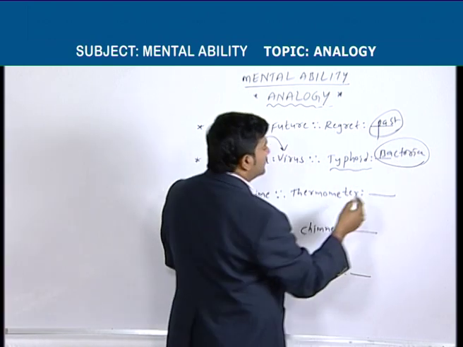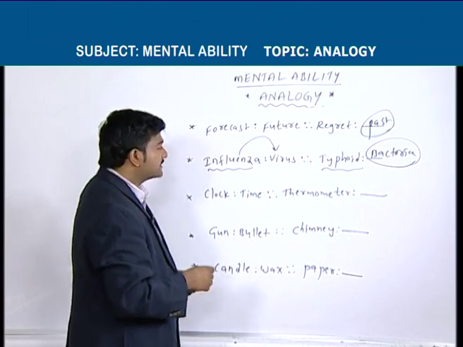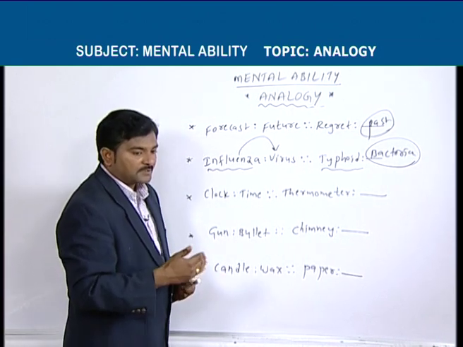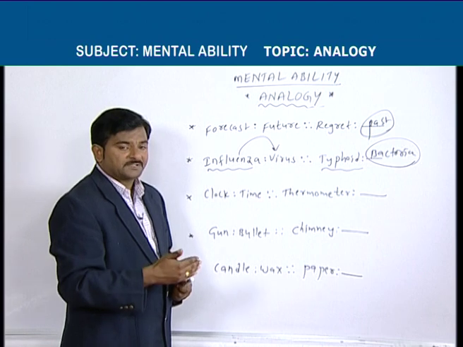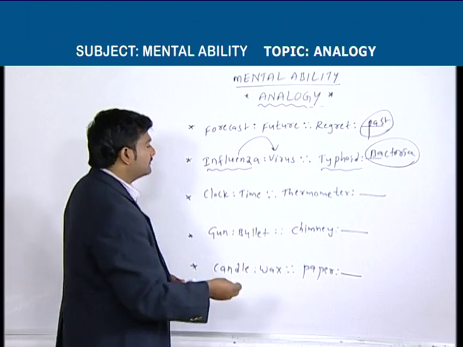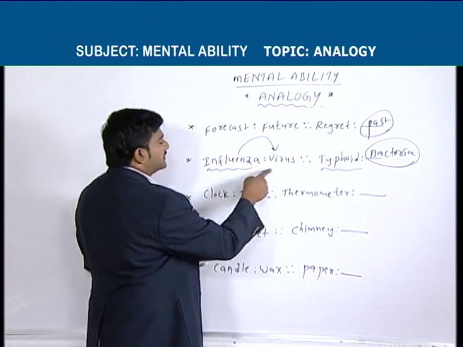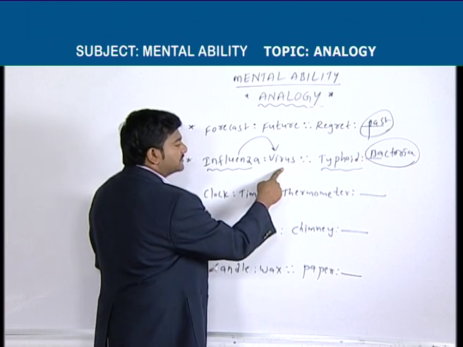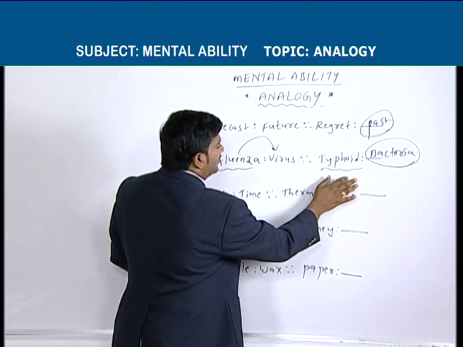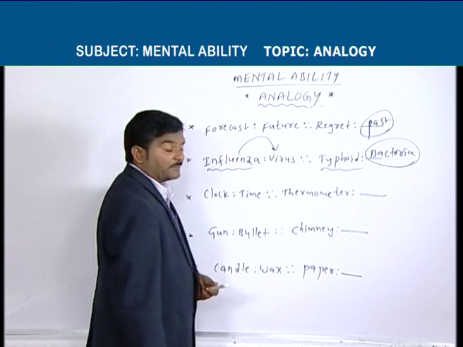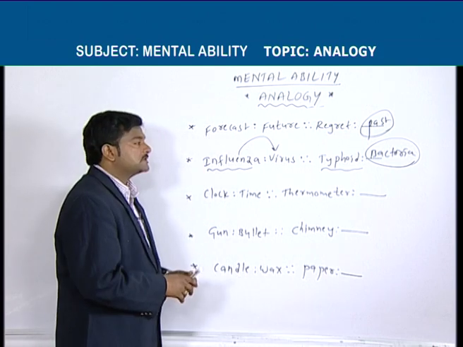I hope you understood. So the relation involved is: the first one is caused by the second one. Influenza disease is caused by virus. Similarly, typhoid disease is caused by bacteria. That is the concept involved.